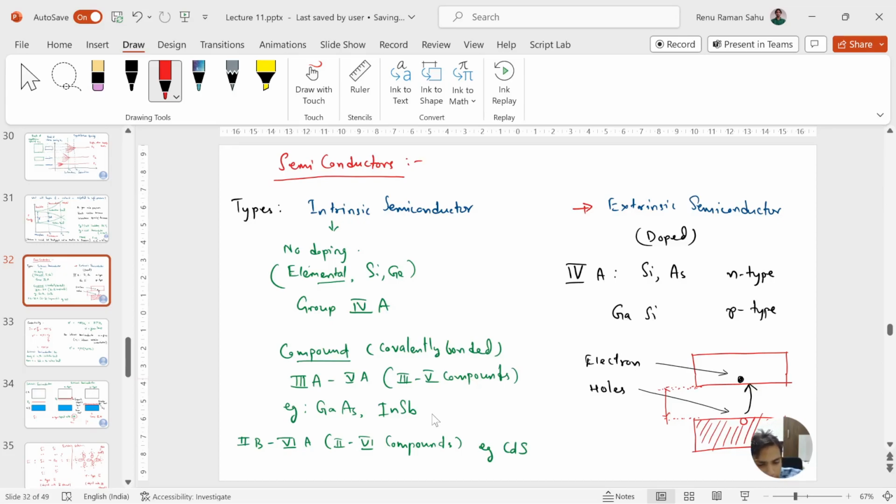Why is 2B coming into the picture? 2B is only when we do extrinsic doping. Group 4A is silicon and germanium. Gallium arsenide and antimonide are 2B and 4A.